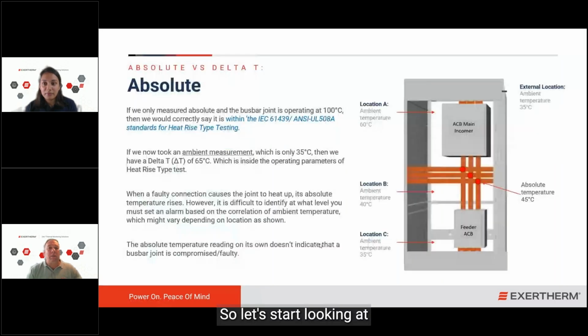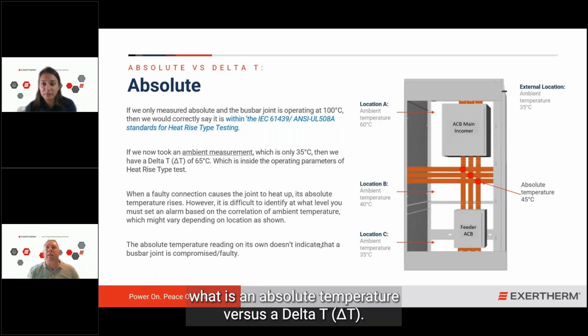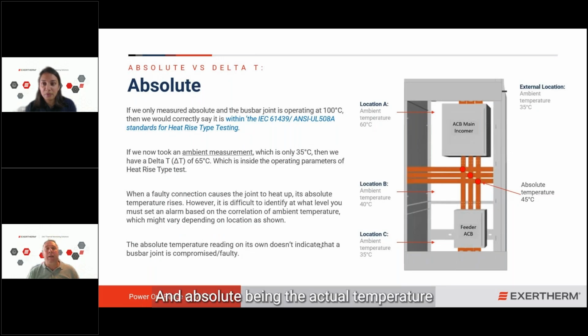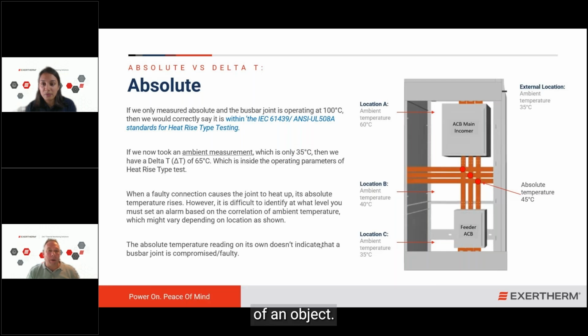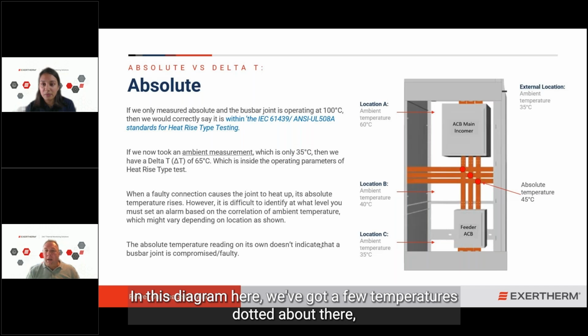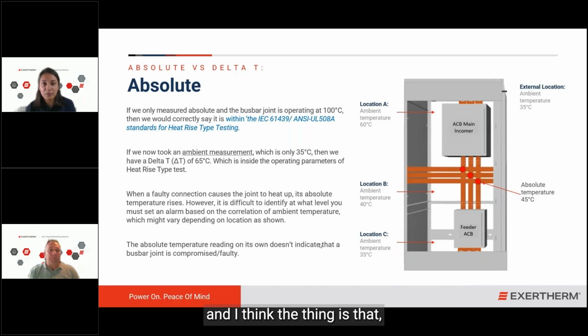So let's start looking at what is an absolute temperature versus a delta T, and absolute being the actual temperature of an object. In this diagram here, we've got a few temperatures dotted about there, and I think the thing is that if we measured the absolute of a bus bar joint, and let's say as an example, it's operating at 100 degrees C. We'll pick nice round numbers.